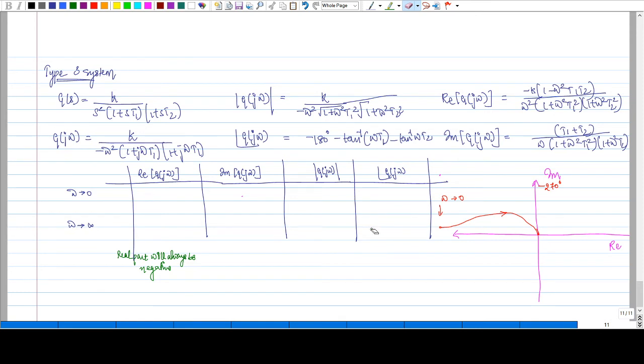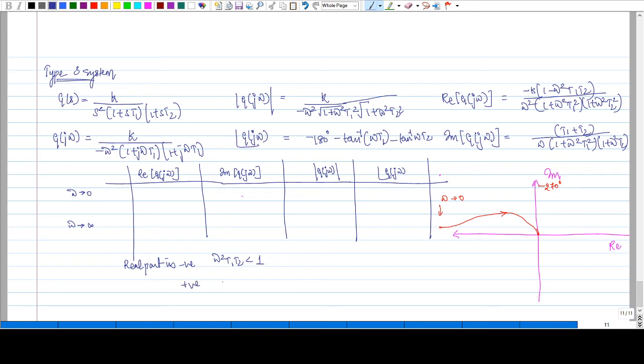So we'll see the tabular column. Here the real part will not always remain 0, whereas in the previous case we have seen the real part was always 0, but here it is different. Here the real part is negative if omega square t1 t2 is less than 1.